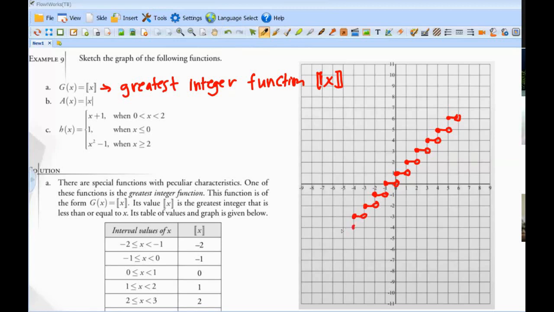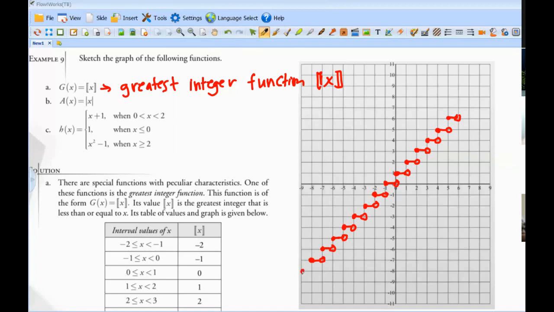It should be open, open, and so on. So that's what the graph looks like, right? So it's the greatest integer function, all right, and so on.